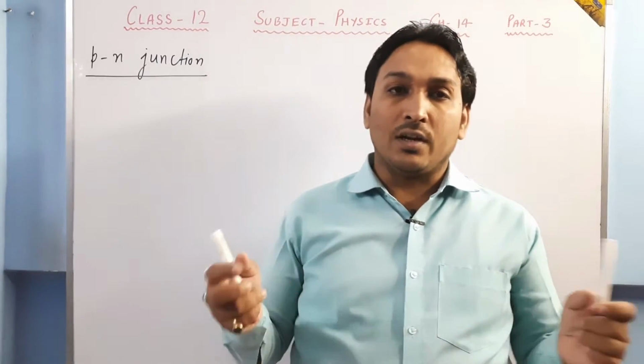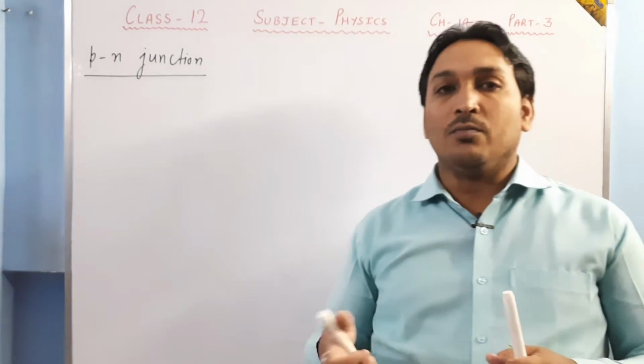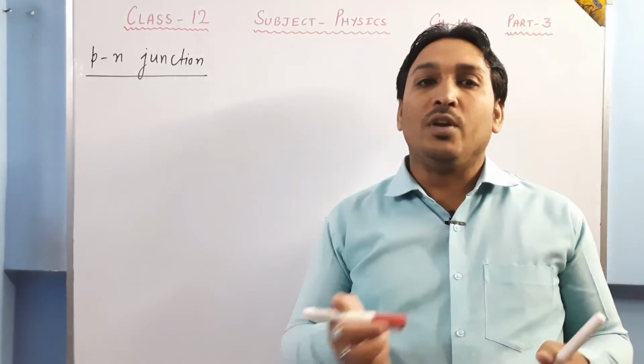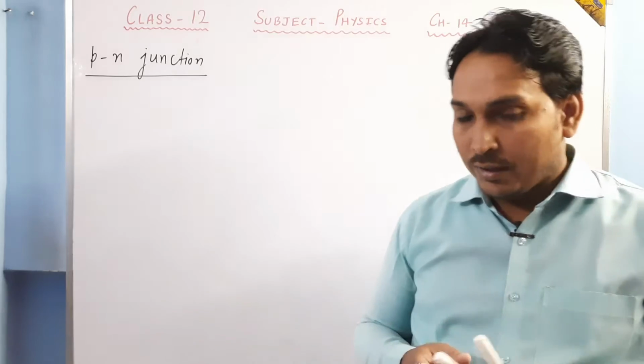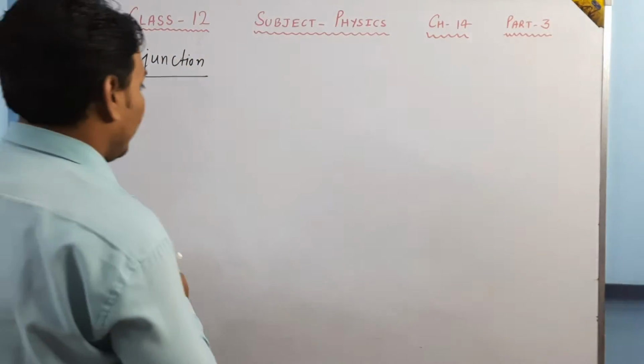So this is how they are combined at the atomic level. Physically, if we combine them using some glue, they will not behave as a p-n junction. Now how that p-n junction works and what exactly it is, let us try to understand.